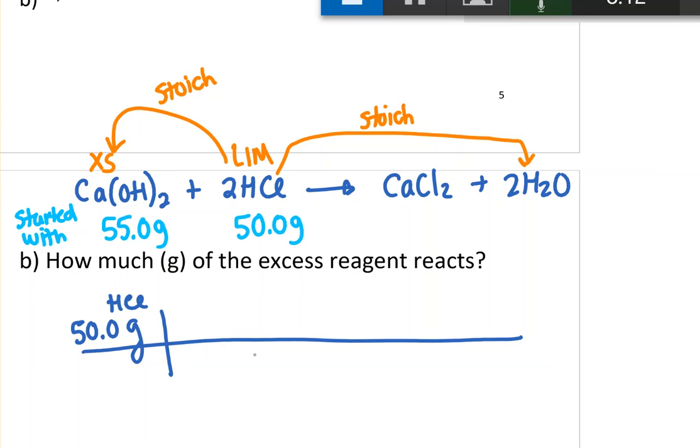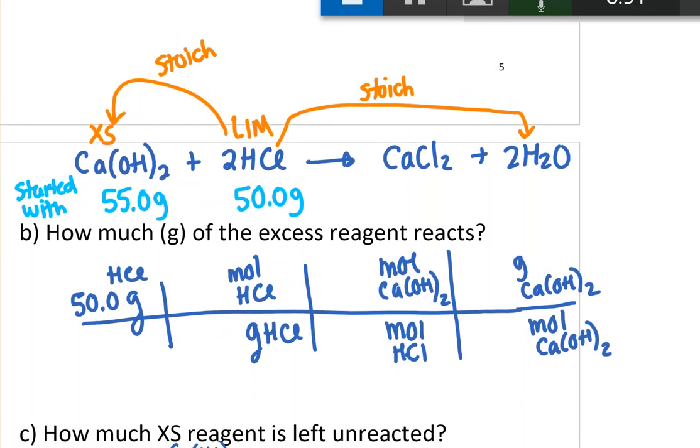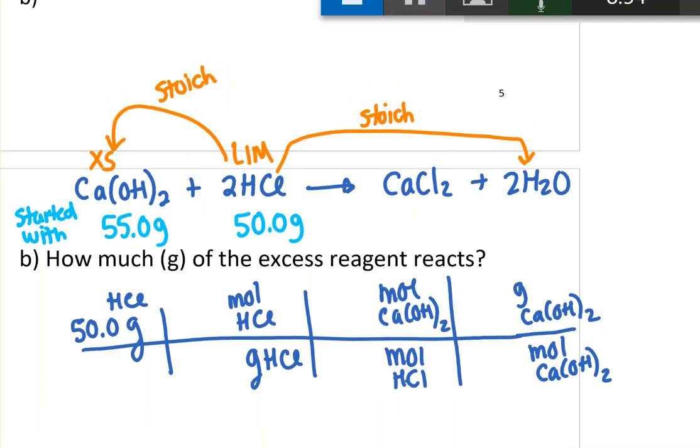usual stoichiometry steps, go from grams to moles. I like to sometimes just set up all the units kind of in order because I know the order, and then go in and fill in the numbers. So from grams to moles, that's where I use a molar mass.